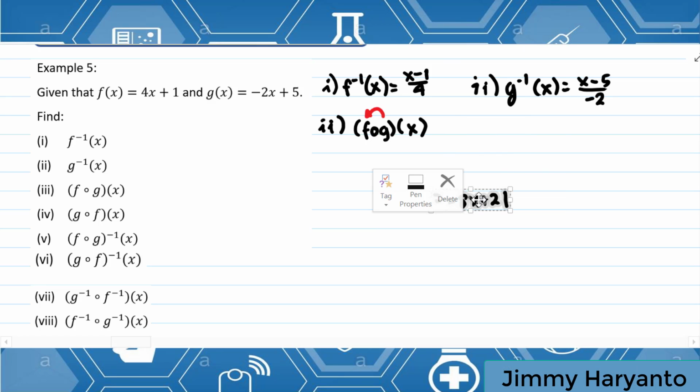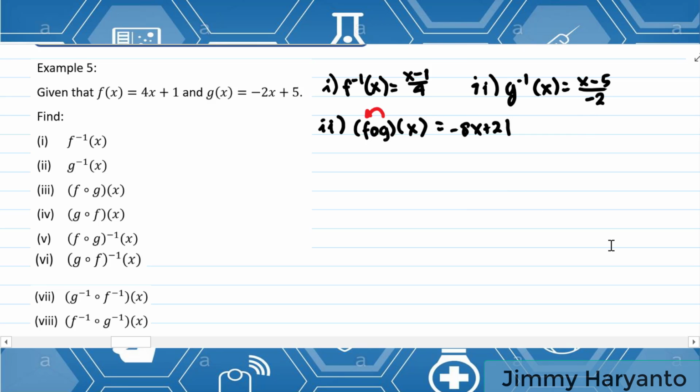Wait a minute. Okay, next, the third one. The third is g∘f, yeah. Wait. Oh, this is the third one, and this one is the fourth. g∘f(x).